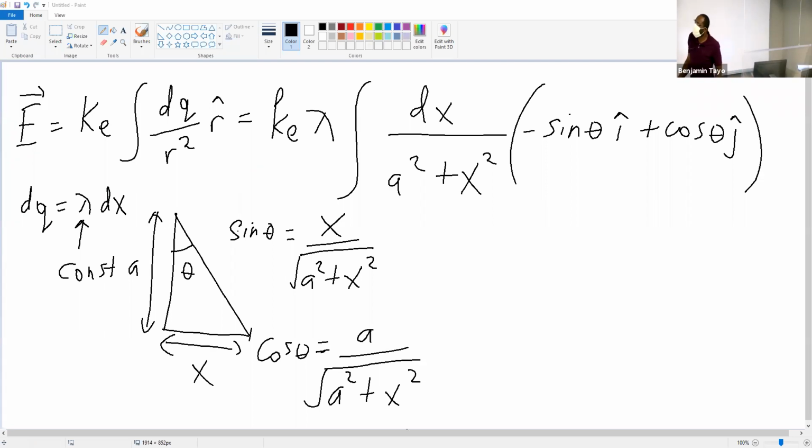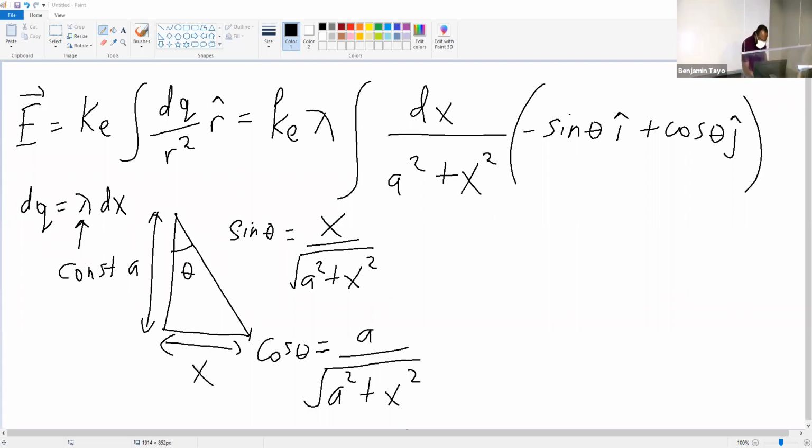Now, why is it important to calculate sine and cosine? Because I'm doing an integral over the x, but the sine and the cosine are changing also with x, right? Those are functions of x. So that's why I need to include everything in my integral.